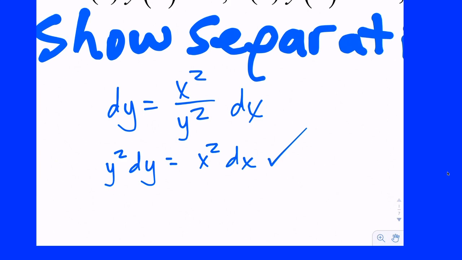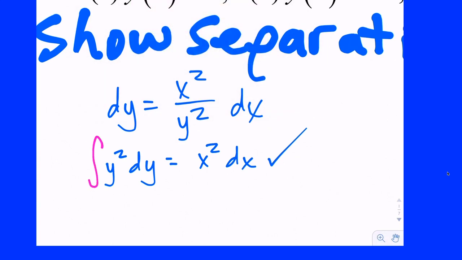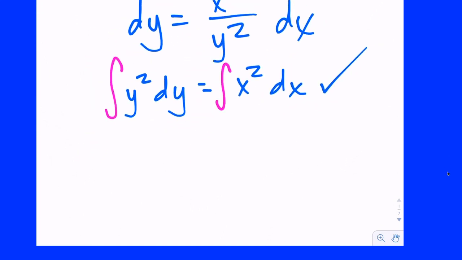Now typically when we separate the variables, we could treat those as individual factors, and multiplication is commutative, but we want to go ahead and put our dy and dx as the right bookend, because once you separate the variables, the next step is to integrate both sides. Okay? You're going to integrate both sides. And now, because we've separated the variables, we're integrating each side with respect to their own variable, which makes it easy.